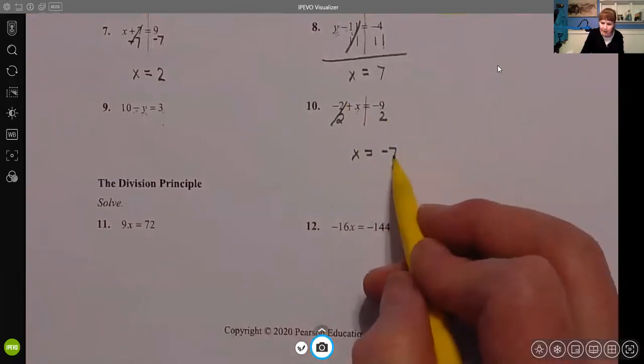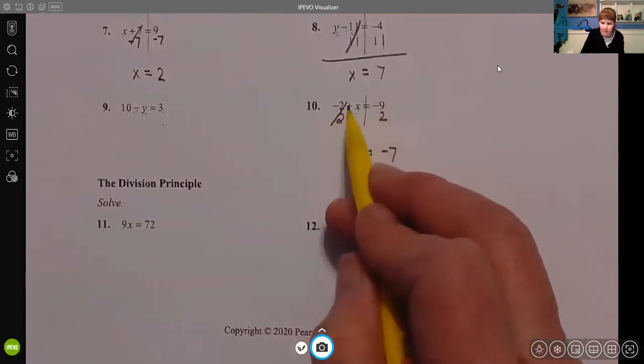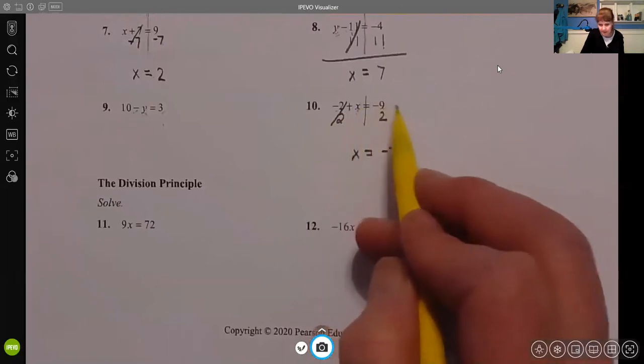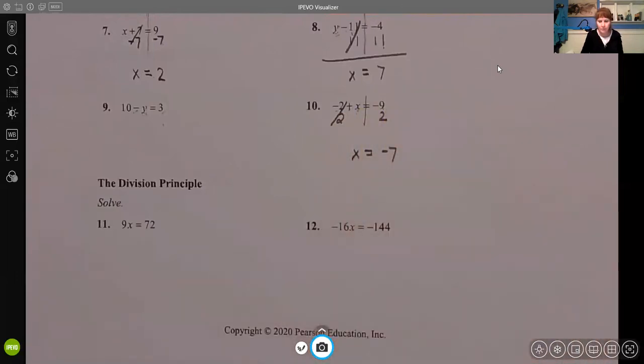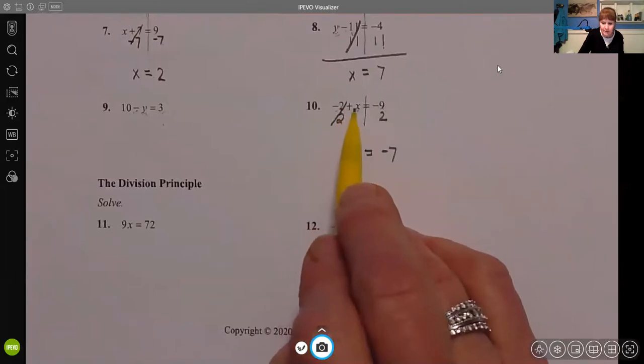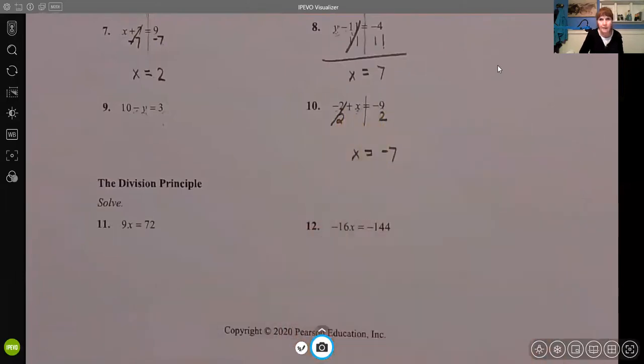If you put that back in, -2 plus a -7 is a -9. So if you had 2 negatives and you add 7 negatives, you get 9 negatives. All right. So that's how you get rid of it when you're adding or subtracting. You just add the opposite in order to get rid of it, but you have to do the same thing on the other side.